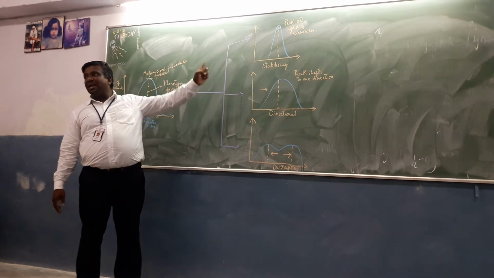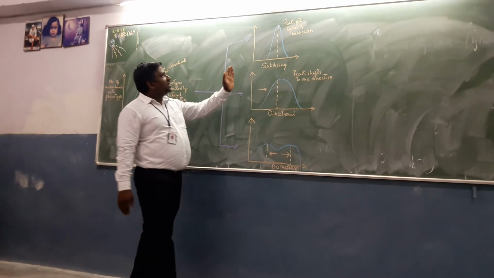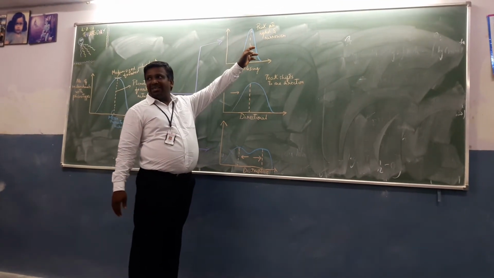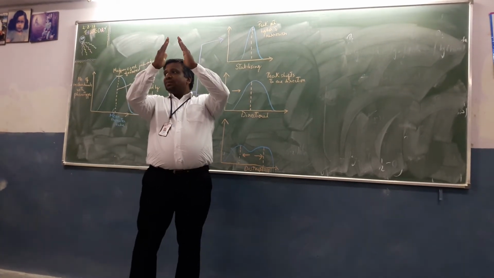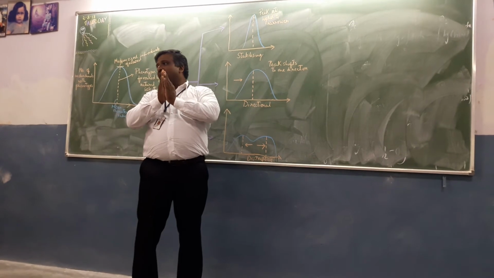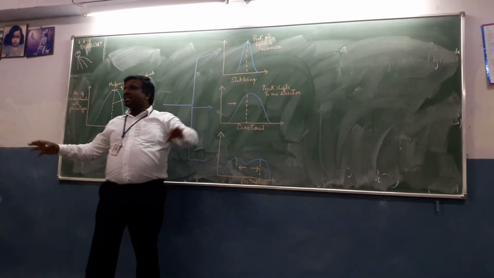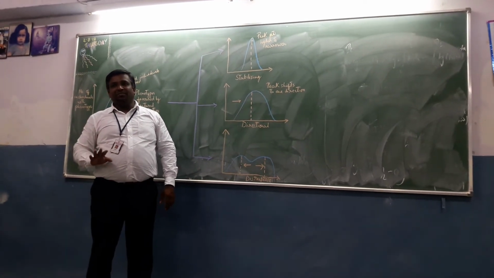It can have a stabilizing effect. How is the stabilizing effect seen? When you mark the number of individuals with phenotypes on the graph, they have a peak which is taller and narrower. This sort of graph indicates natural selection is having a stabilizing effect on the population.